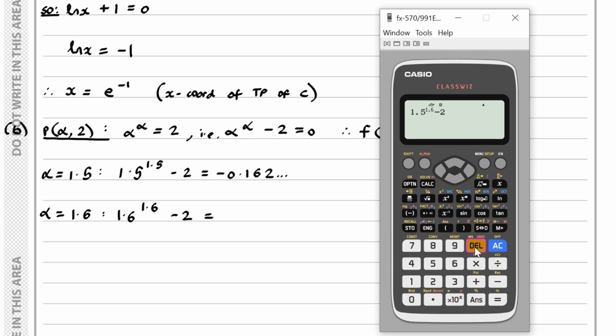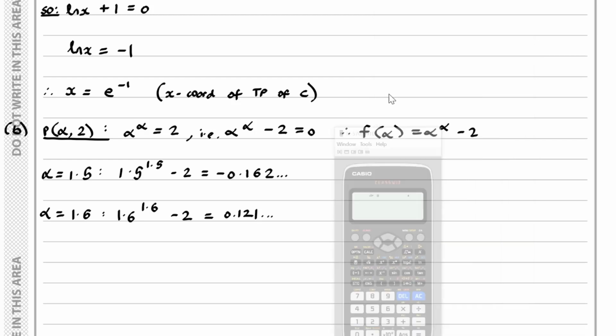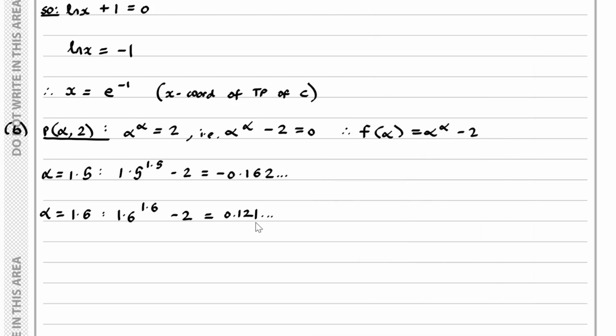Working this out, we get 0.121, etc. And with that, we see that we have a change in sign, and we see that f of alpha is continuous, and therefore we have a root in between 1.5 and 1.6. Let's just quickly write that down.